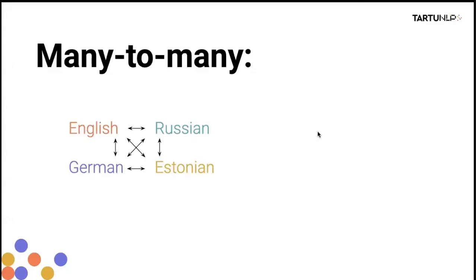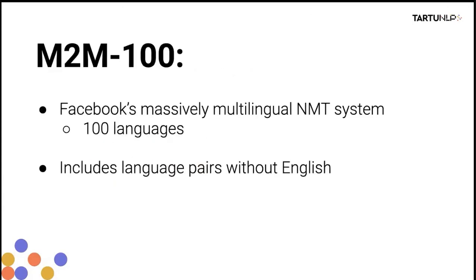If we take this idea to the extreme, then there were several papers by Google, and now I think the biggest and the most famous open public MT system with this multilinguality in it is the M2M100. That was created by Facebook, and this is Facebook's massively multilingual NMT system covering 100 languages.